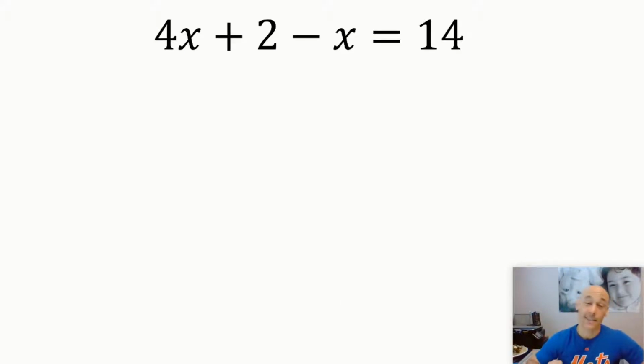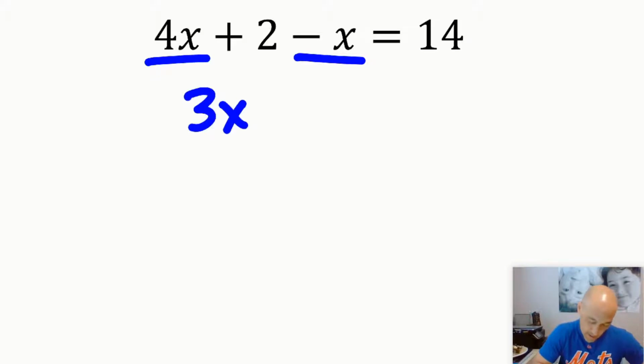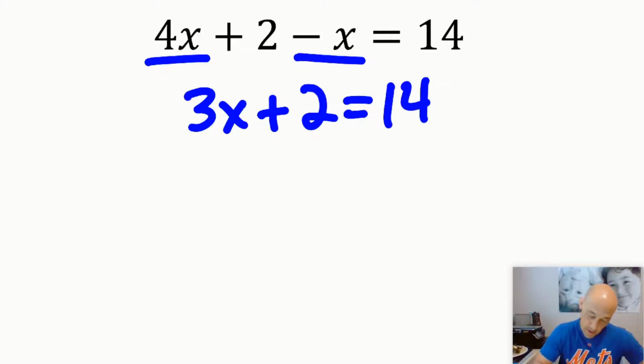Everyone makes mistakes, and this is a little correction video that I'm going to replace my original efforts on this problem. So 4x and negative x can be combined together because they're like terms. When we combine them, they are 3x. We have 3x plus 2 is equal to 14. The next step is to isolate my 3x term by doing the inverse of adding 2.